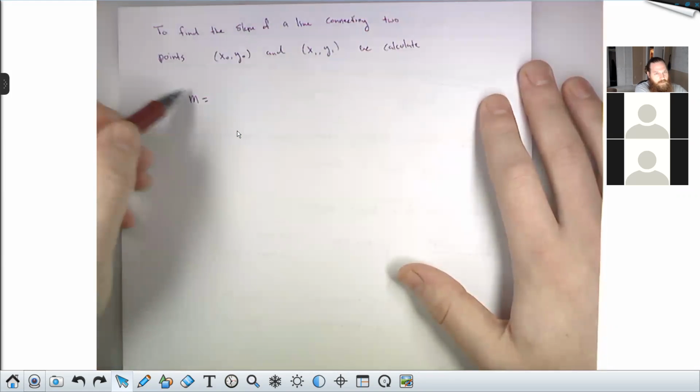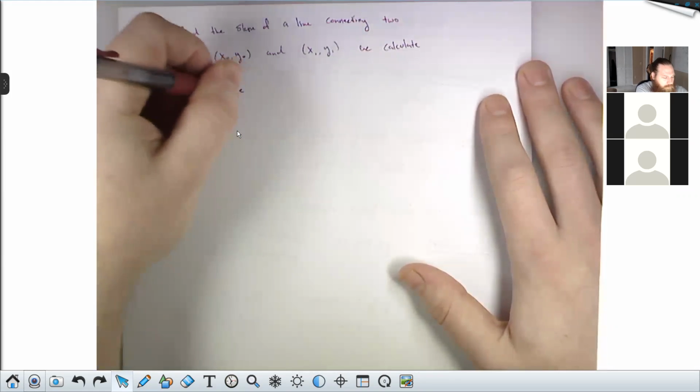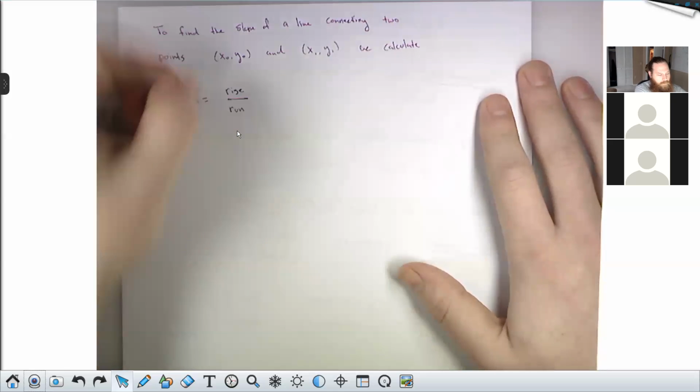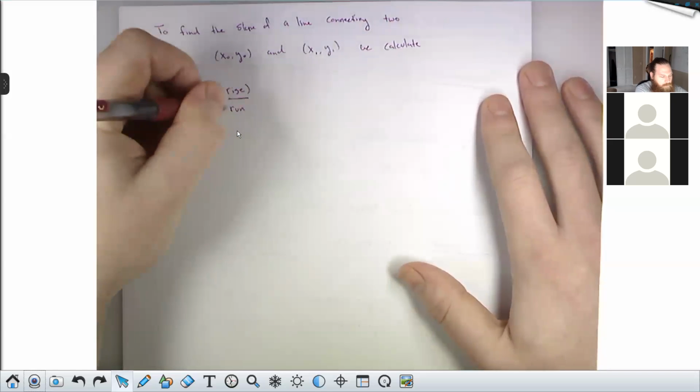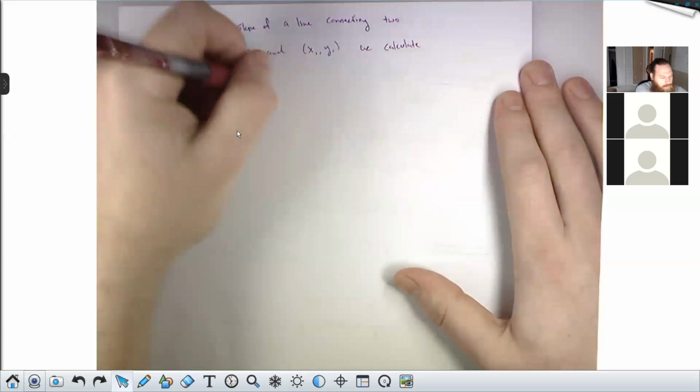M is the letter that we pretty much always use for slope. And people like to refer to this as the rise over the run. All right, so you take the change in y values, and that's what we call the rise, divided by the change in the x values, and that's what we call the run.